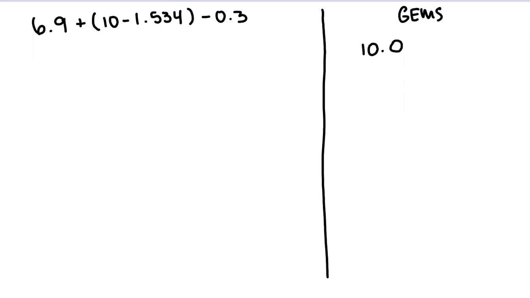Now, because we need to subtract 1 and 534 thousandths from it, that works out because we need to have a decimal to line up. So we're going to subtract these. You can add some zeros if you like. And when we subtract it, we need to borrow from here.